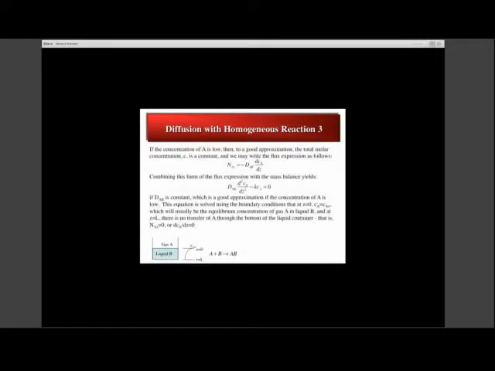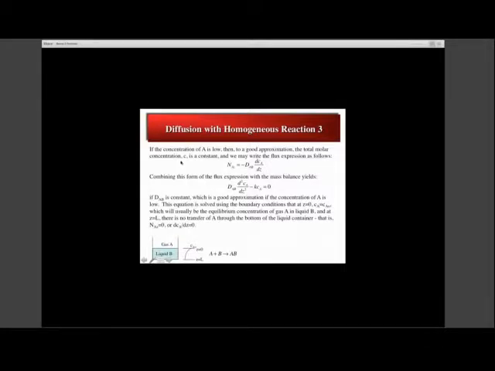We can now combine that flux expression with the mass balance. We also make the assumption that the total molar concentration is a constant, and this is also a good approximation if the concentrations of A and AB are low.